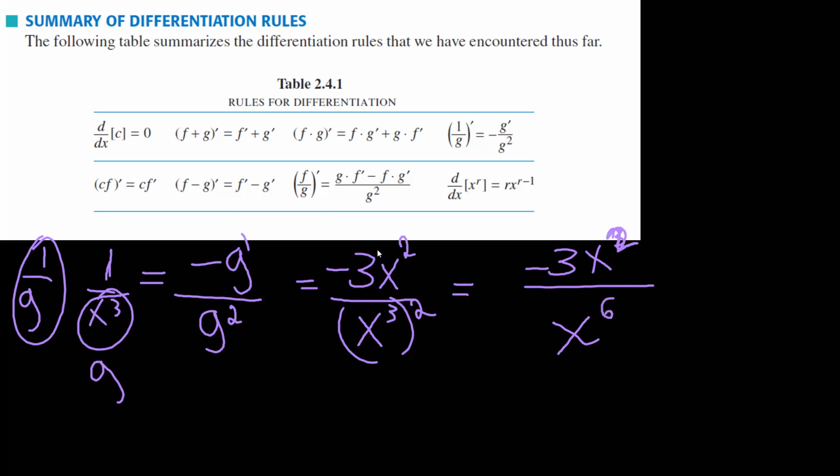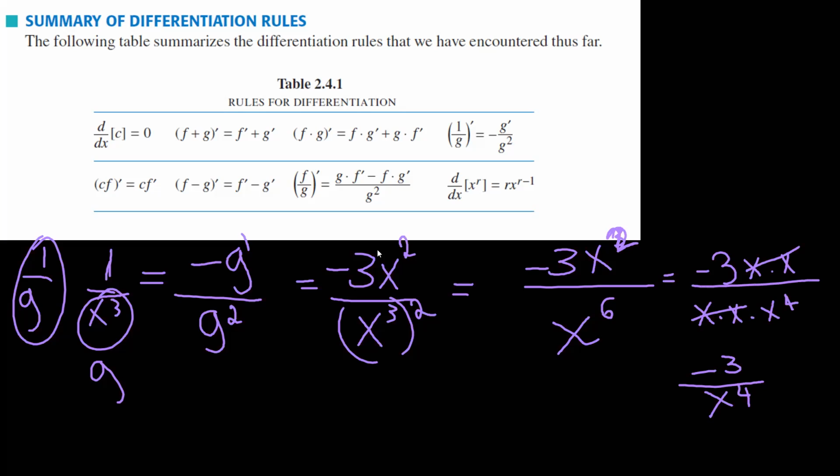It is x raised to the power 6. After you simplify, x squared is x times x, and in the denominator it is x times x times x to the power 4. They cancel each other, so it will be negative 3 over x raised to the power 4. So the derivative of 1 over x cubed is negative 3 over x to the power 4.